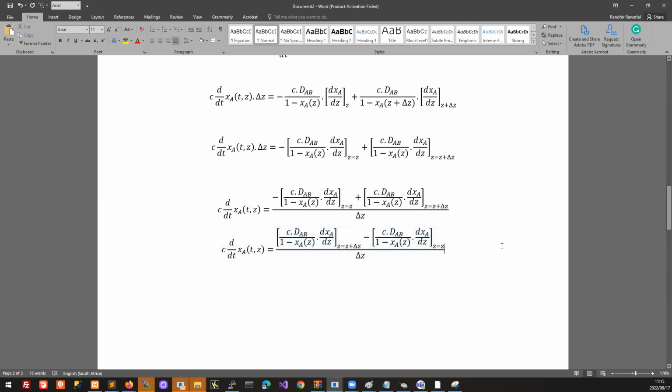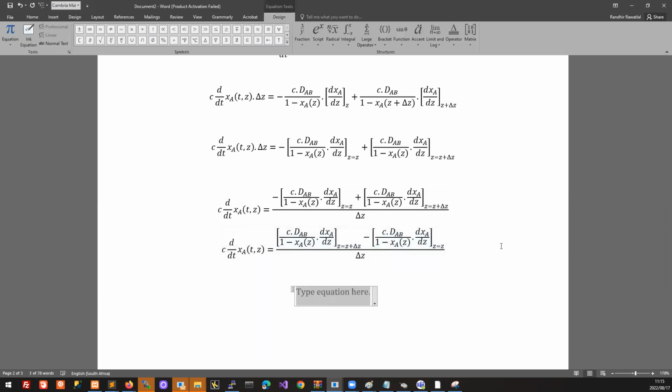Remember, when we say dy/dx is equal to, and then we'll say that's equal to y at x plus delta x minus y at x divided by delta x, right?